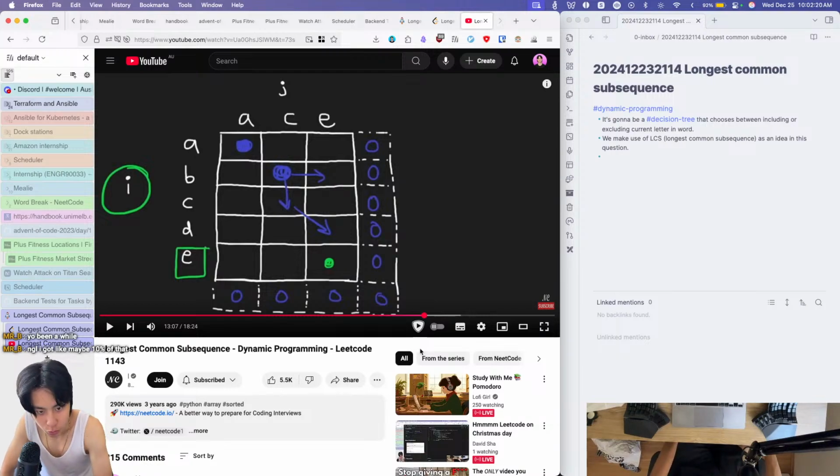As you look at the subproblems, each subproblem is a cell, right? So say the subproblem of E and E, right?